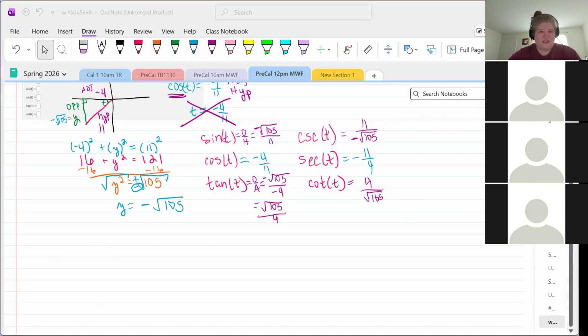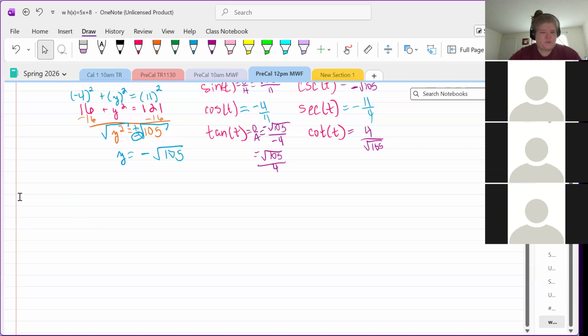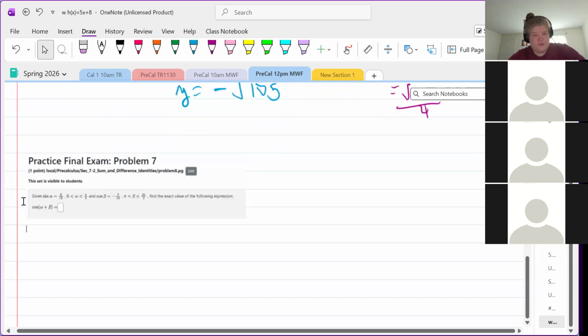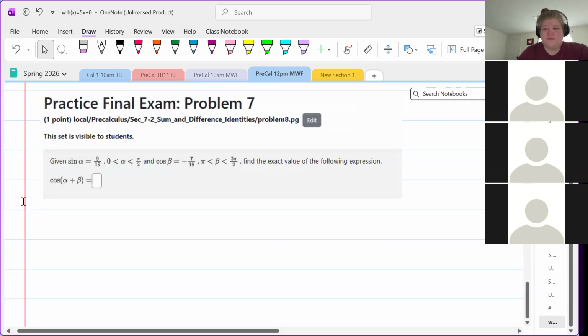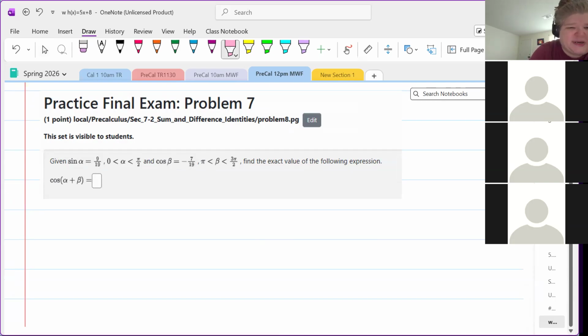All right, what's another question we can look at? 7. Yep, so sum and difference. All right, so we're given two different triangles here.